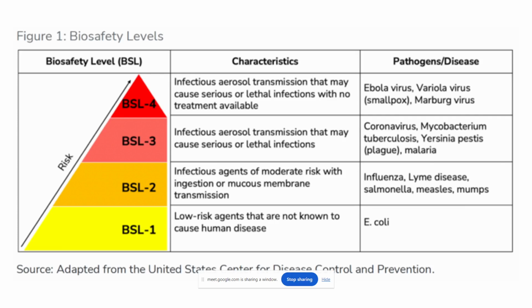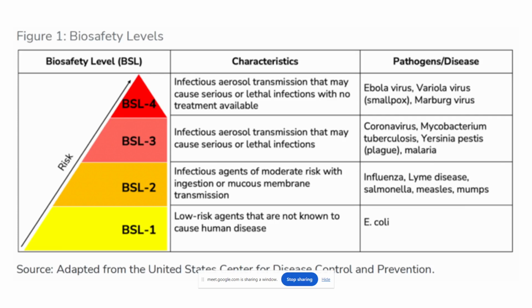Then Mycobacterium tuberculosis, the causative agent of TB, Yersinia pestis, and malaria. All these infectious agents can be transmitted through aerosol, and thus if you are working on these in a laboratory, you have to have a BSL-3 equipped setup. You have to have a lab equipped with all the safety requirements that come under biosafety level 3.